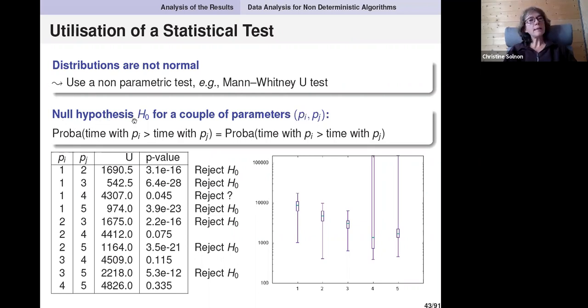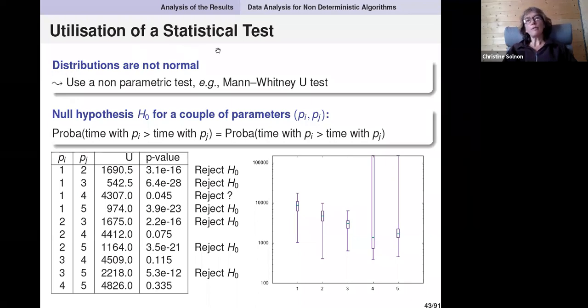The null hypothesis I want to check is: is the probability that the time with the first parameter is greater than the time with the second parameter equal to the probability of the inverse? If the null hypothesis is accepted, then I can conclude that the results are not significantly different, whereas if it is rejected, I can conclude that there is a significant difference for these two distributions.